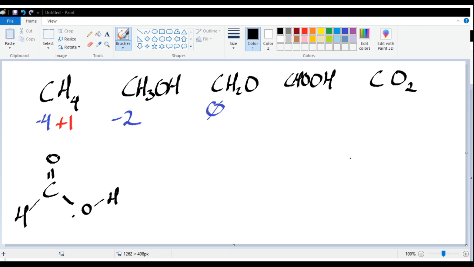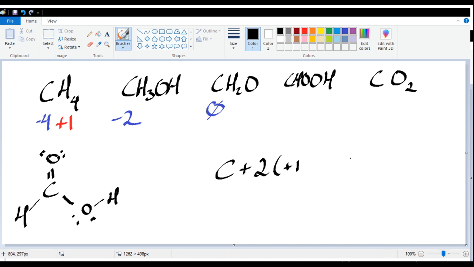Okay, so formaldehyde. No, formic acid. Formic acid is the acid that gives ant bites their sting. That's why it's called formic acid, from the French fourmi. It means ant. All right, so carbon plus our two hydrogens.